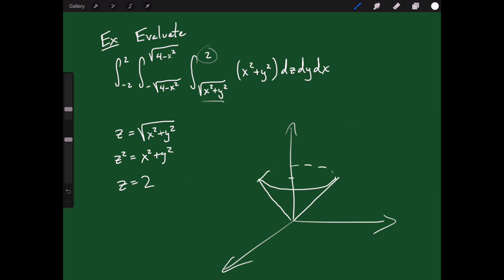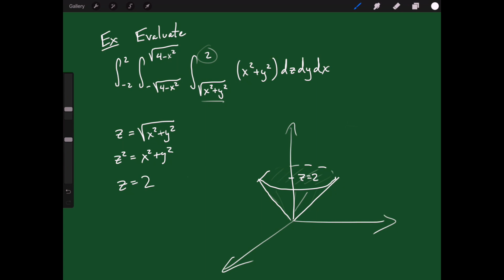Okay, and this is z equals 2. So the bottom part of my function is the cone itself, and the top surface of this shape is the plane z equals 2.